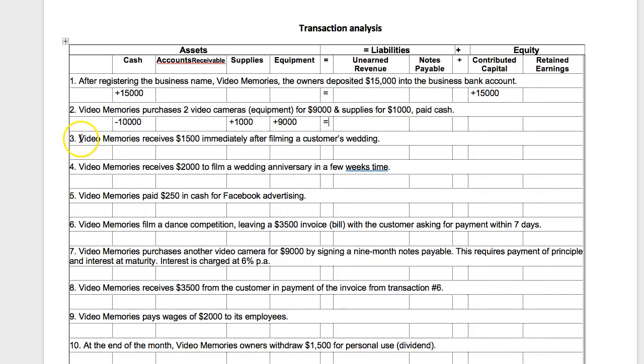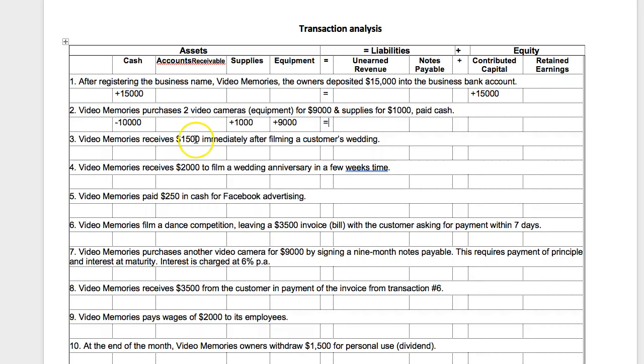In number 3, Video Memories receives $1,500 immediately after filming a customer's wedding. Okay, receives $1,500 means we are receiving cash from our customer. So I'm going to increase cash by 1,500.